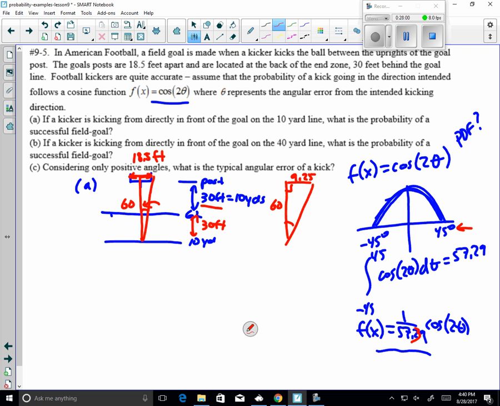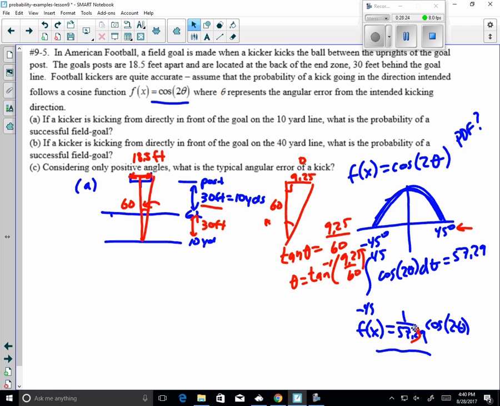For this angle, the 9.25 is the opposite side, and this is the adjacent side. So the tangent of this angle theta is the opposite side over the adjacent side. Therefore, I can solve for this by taking the inverse tangent of 9.25 over 60.